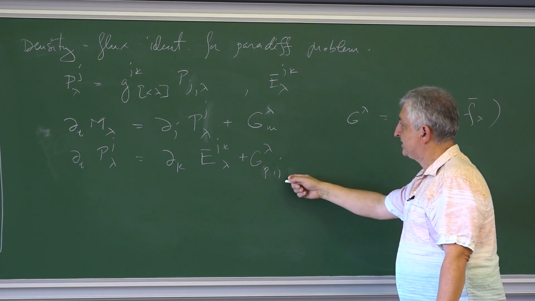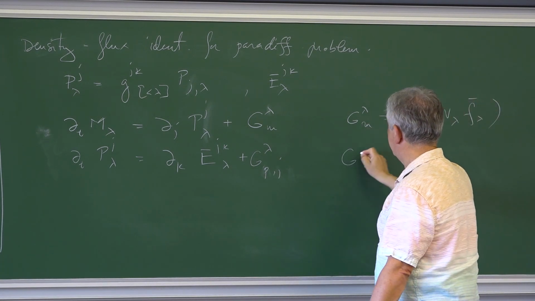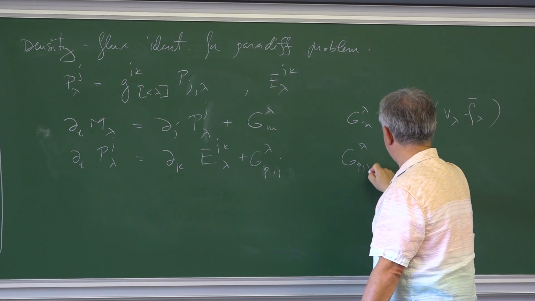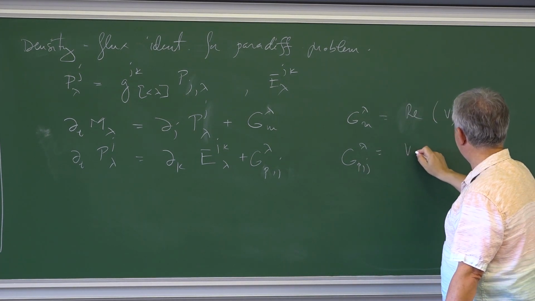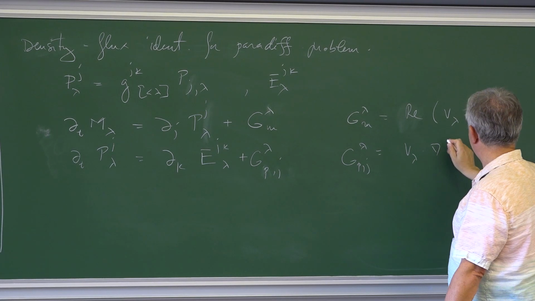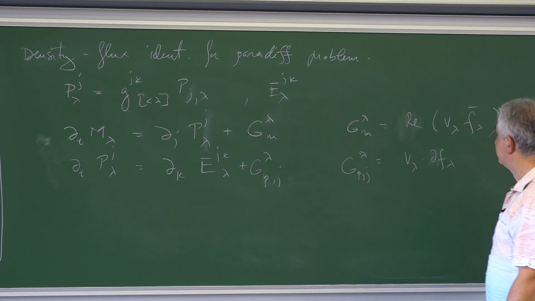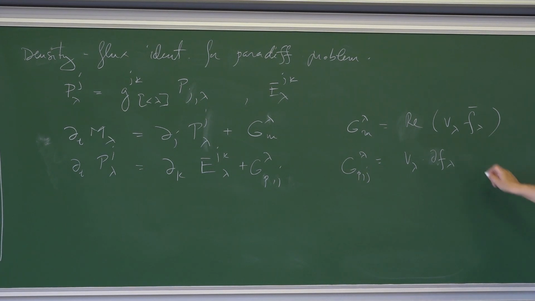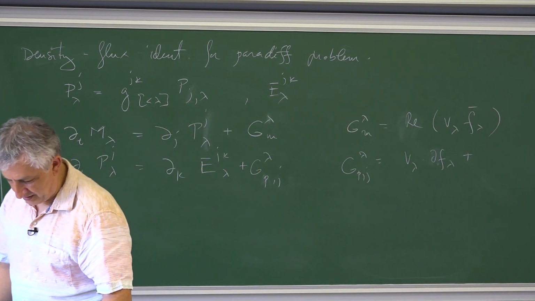If I try to write this, it gets a little bit more complicated. You have something that looks like v lambda times gradient times derivative of f lambda, or f lambda times derivative of v lambda, plus some other terms in here.